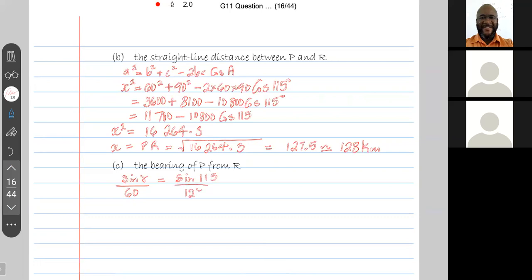Not 126, it's 128. Carry 60 up here. I'm going to have sine gamma is equal to 60 times the sine of 115 degrees over 128. Put this in my calculator and press equal. I need 3 decimal places.